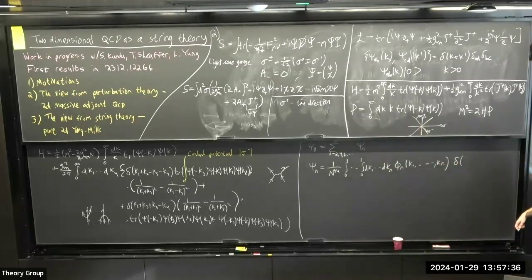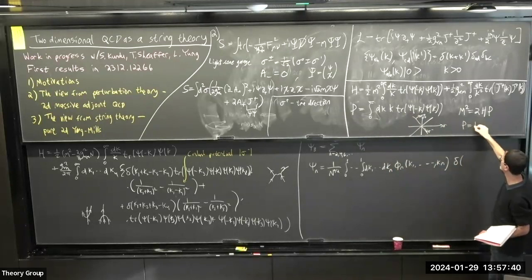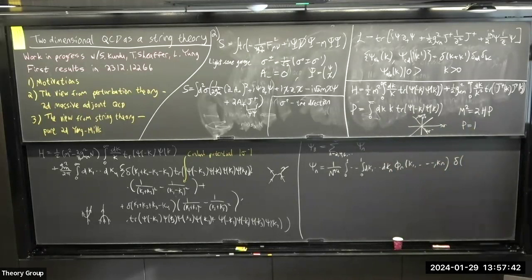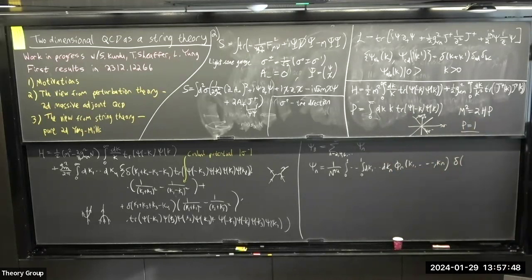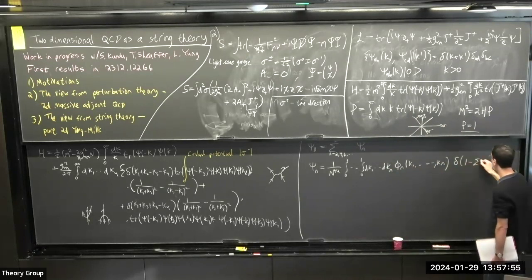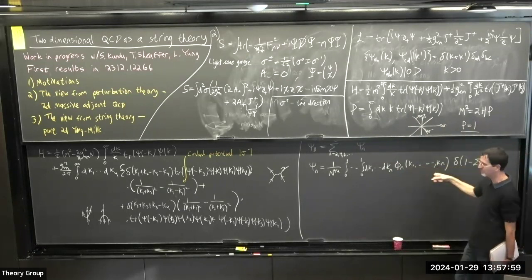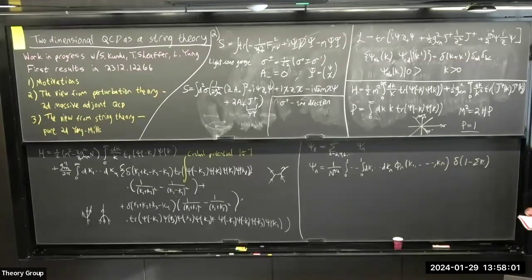Since we have a boost symmetry in this theory, as part of the Lorentz symmetry, we can always choose any particle state to have momentum 1, just by boosting it to that frame. So when we diagonalize the Hamiltonian, we can diagonalize it just in the sector of states that have P equals 1, and then of course boost them to get the same state with any other momentum. If we focus on P equals 1, then we're interested in constructing wave functions that are only non-zero when the sum of all the momenta is equal to 1.